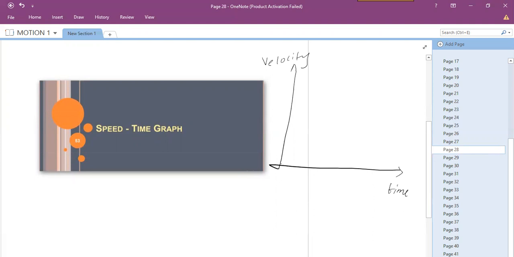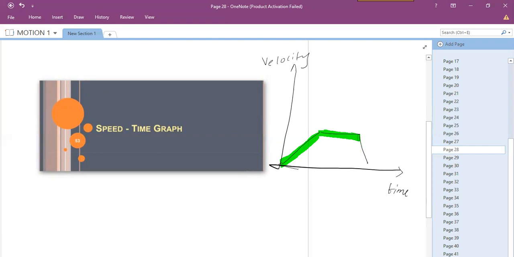So for this graph, you have to know what all these lines mean. Every time you see a straight horizontal line, it means the car is moving at a constant speed. Every time you see a slope like that, it means the car is accelerating.